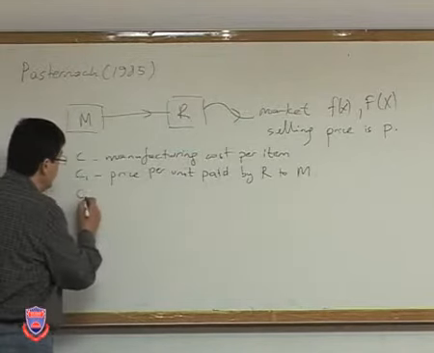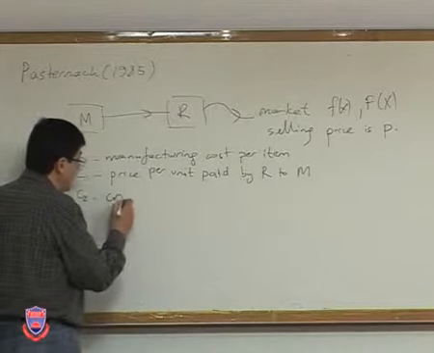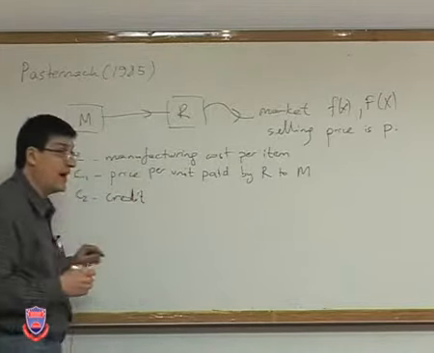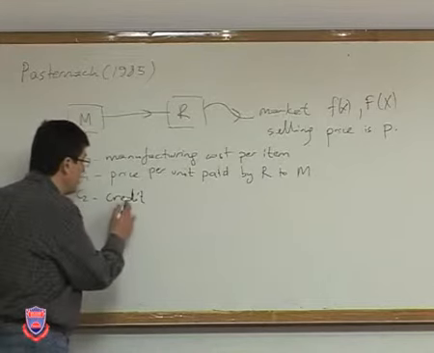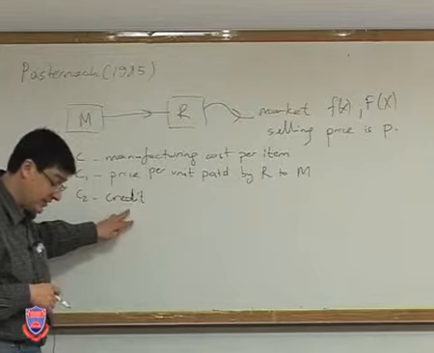C2 is the credit per unit. This is something that we are going to see a little bit more in the future when we discuss contracts in more detail.